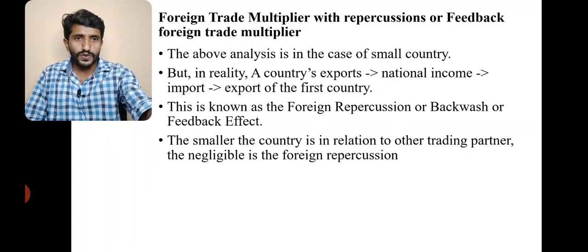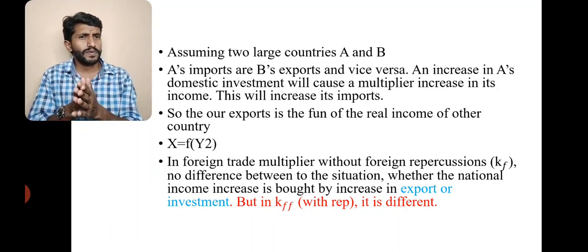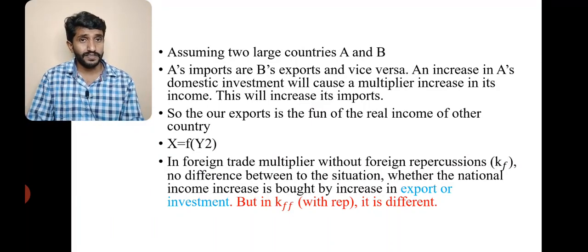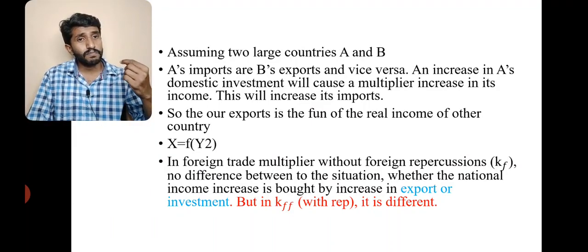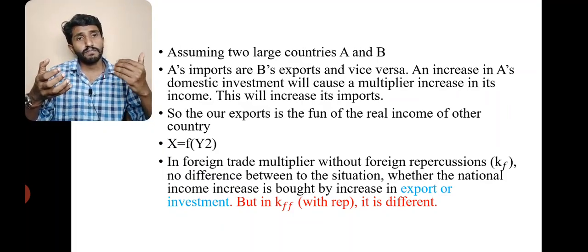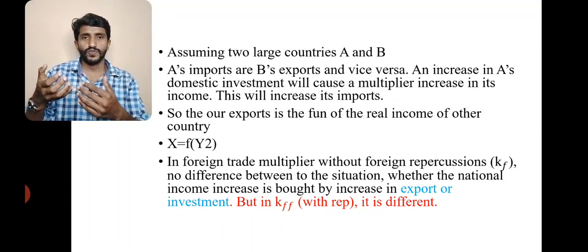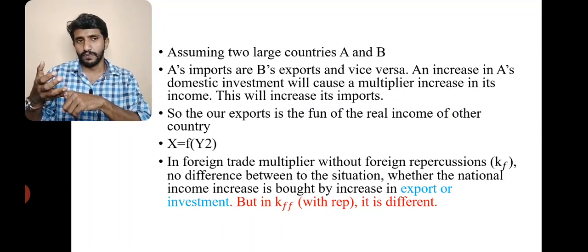Okay, so now suppose there are two countries A and B, and they are trading with each other. A's imports are B's exports and vice versa. So one country's export, the other country will import.